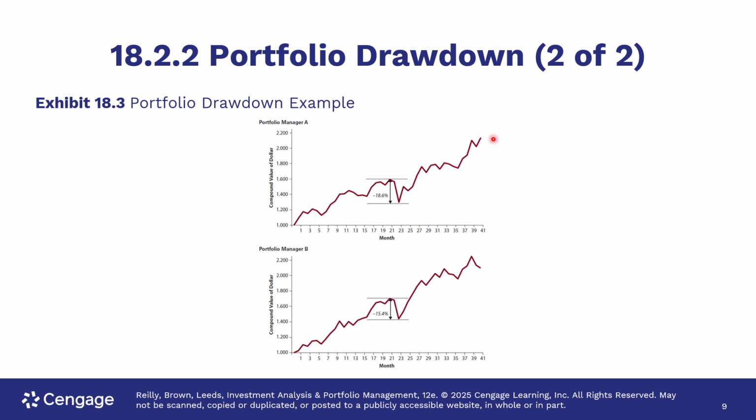They show you the maximum drawdown for Fund Manager A. The portfolio fell in value 18.6% during this time period. And around that same time, this portfolio only fell 15.4%. So your textbook concludes, what do they say here? They say, Manager A appears to have exposed the investor to a somewhat more volatile investment path.